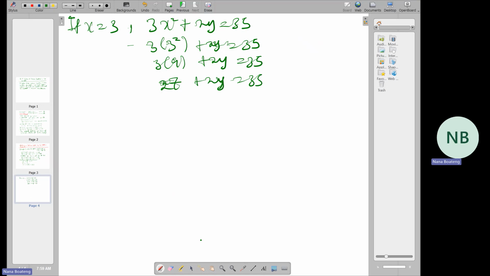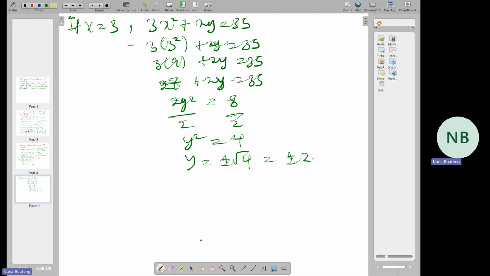If you subtract 27 from both sides, then we have 2y squared is equal to 8. Let's divide both sides by 2. Then we have y squared is equal to 4, which means y is equal to plus or minus the square root of 4, which is plus or minus 2.